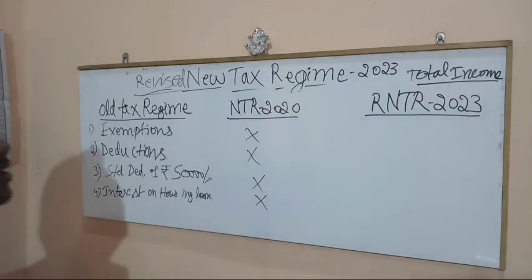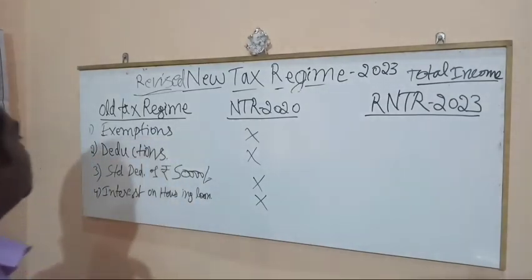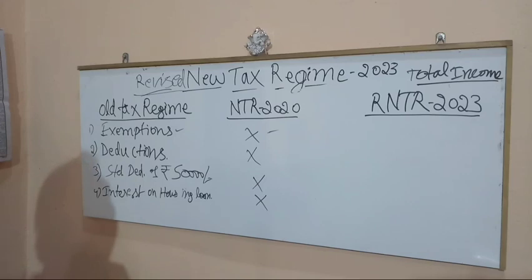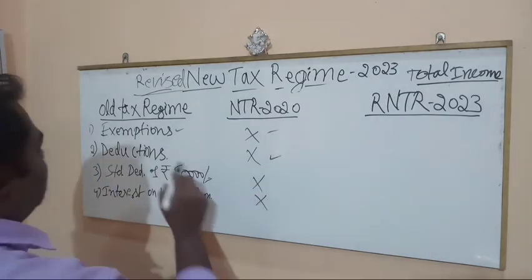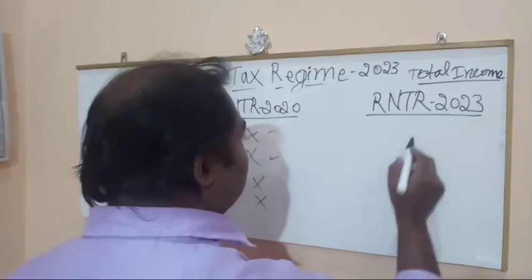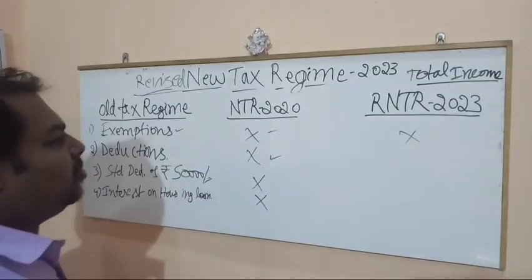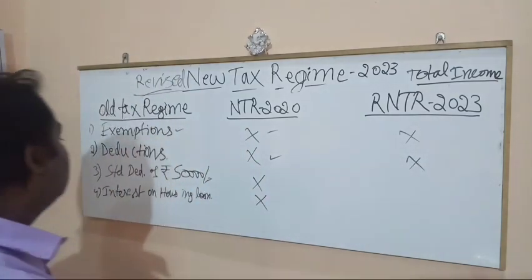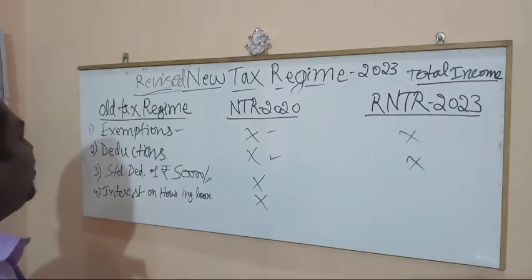Then what has changed in the revised new tax regime is they have kept the exemptions removed as it is, and you will also not be eligible to claim any deductions. The standard deduction was reintroduced. Means the exemptions were not available for claiming, deductions also not available. Instead, they have reintroduced 50,000 rupees as standard deduction.